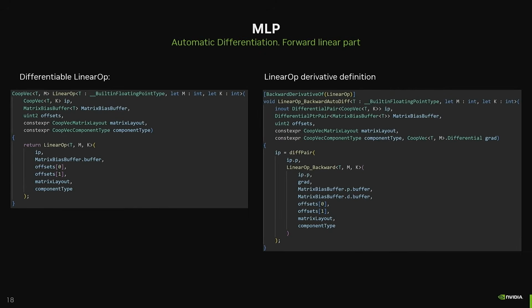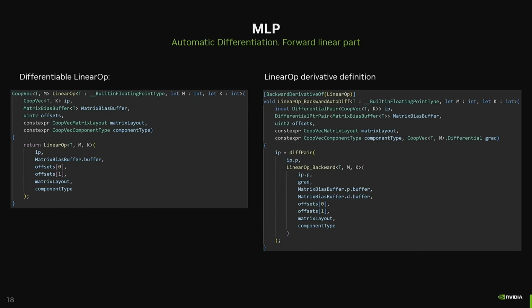Now about autodiff of derivatives for the linear part. We can define the same linear operation in a slightly different form. Now we define the backpropagation step, the linear backpropagation, as a backward derivative for the linear operation. What it does is calculate those derivatives.